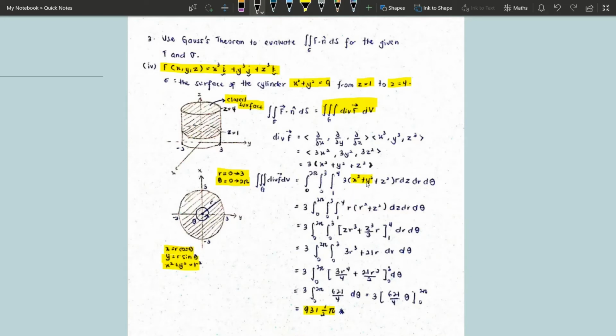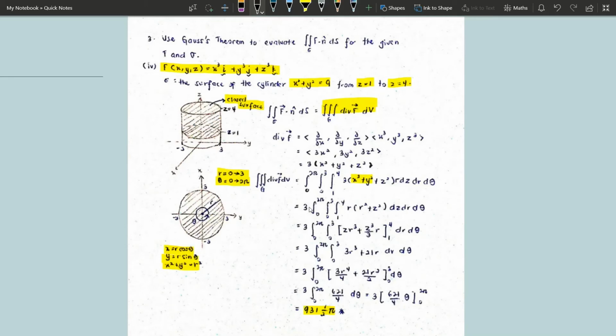For x squared and y squared, we need to change them into the r component, so x squared plus y squared is equal to r squared. So the equation will be r multiplied with (r squared plus z squared) dz with the limit 1 to 4, dr with the limit 0 to 3, and d theta with the limit 0 to 2 pi, with 3 on the outside.